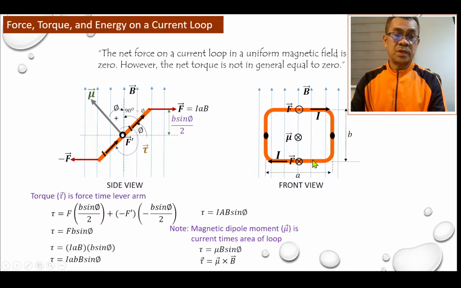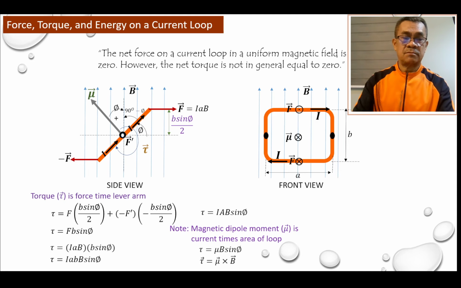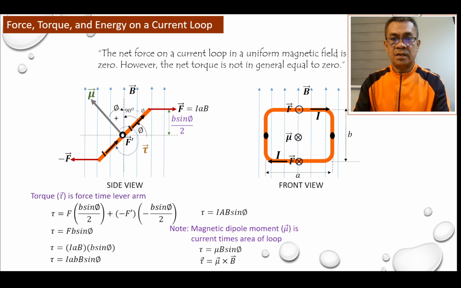Also the area. If you increase the area, theoretically, the torque increases. And also with the magnetic field. If you increase the magnitude of the external field, then torque also increases. Okay, so that's it. We already calculated the torque.